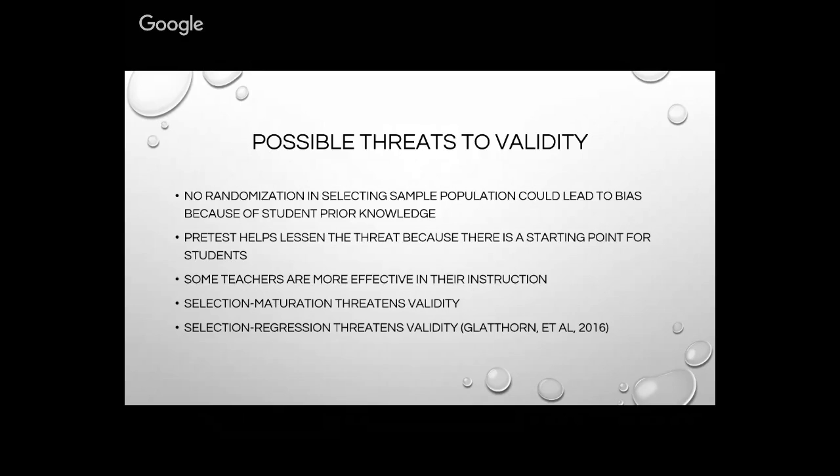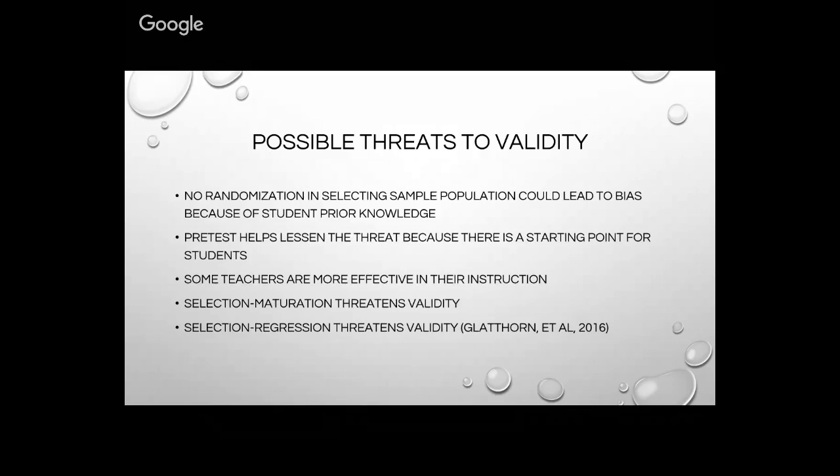So this could definitely threaten validity to the experiment. Another threat would be selection maturation. This is when students may become bored, or they may just completely lose interest and stop paying attention at some point during the unit of study. And what's going to happen here is their post-test is going to be affected by this.